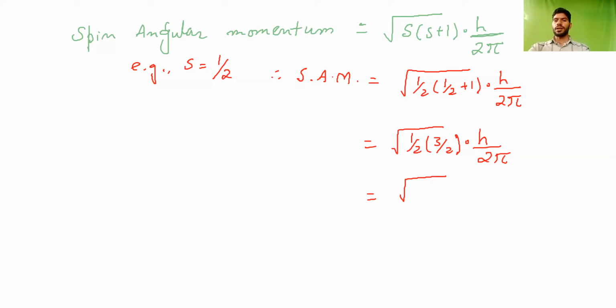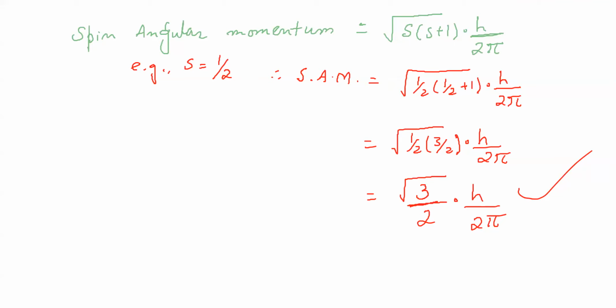It will be under root of 3 by 4, that is root 3 by 2, into h upon 2 pi. Got it? So this will be the spin angular momentum if you just take the spin of an electron as plus 1 by 2. So have you noted this down?